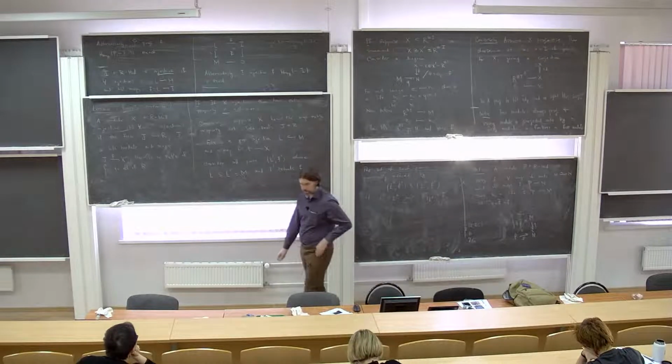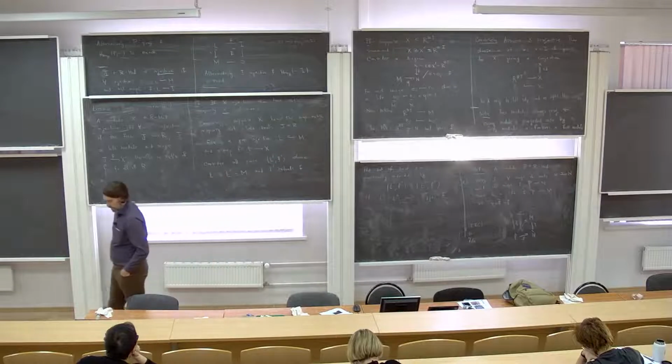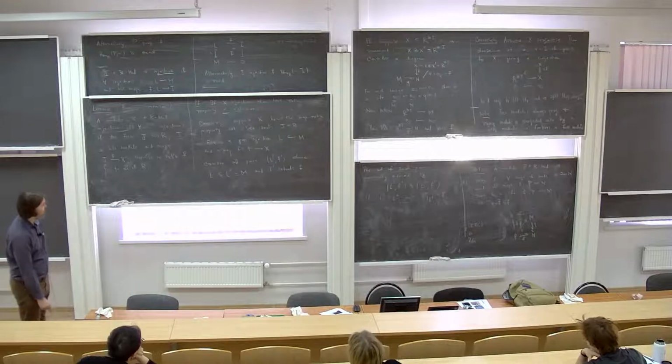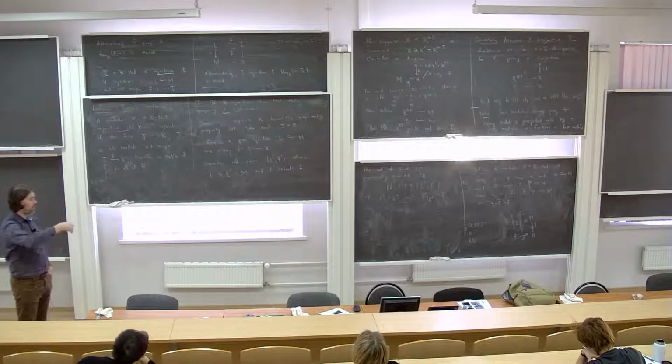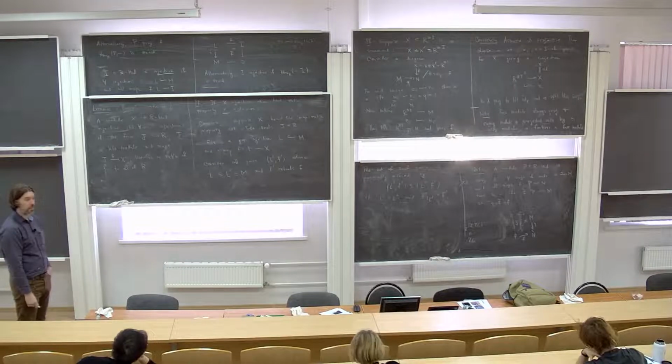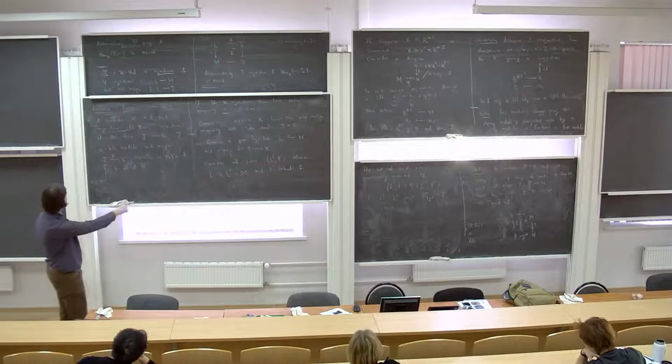And what we want to do is claim that there's going to be a maximal element in this partial order, and then argue that this maximal element is actually M itself.